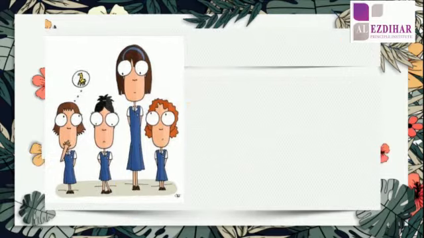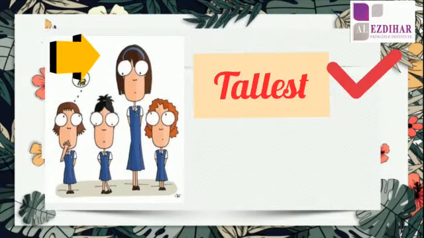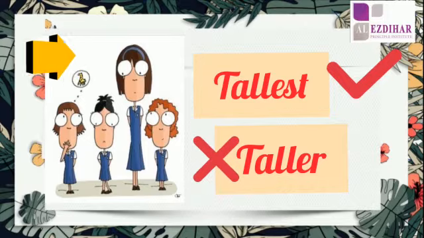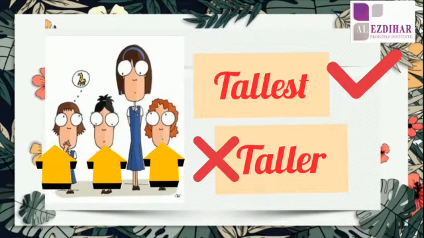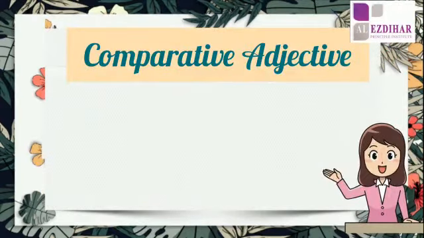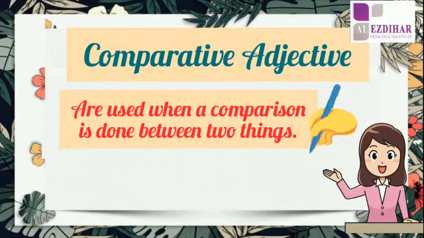In this example, we use tallest instead of taller because Khatun is being compared to all the other girls in the class. Remember, comparative adjectives are used when a comparison is done between two things.